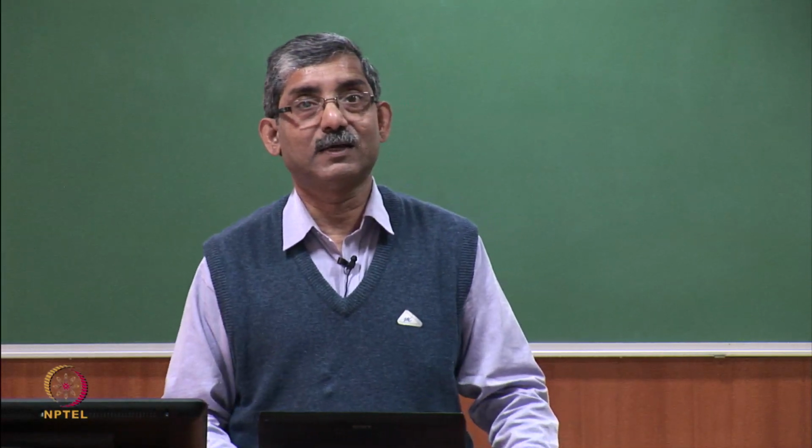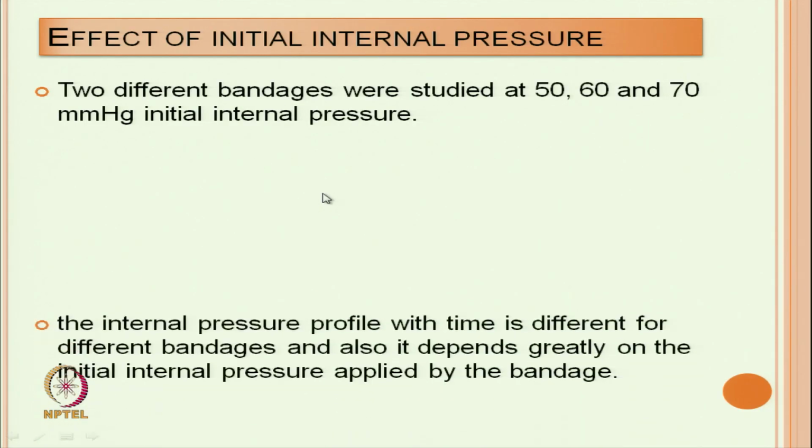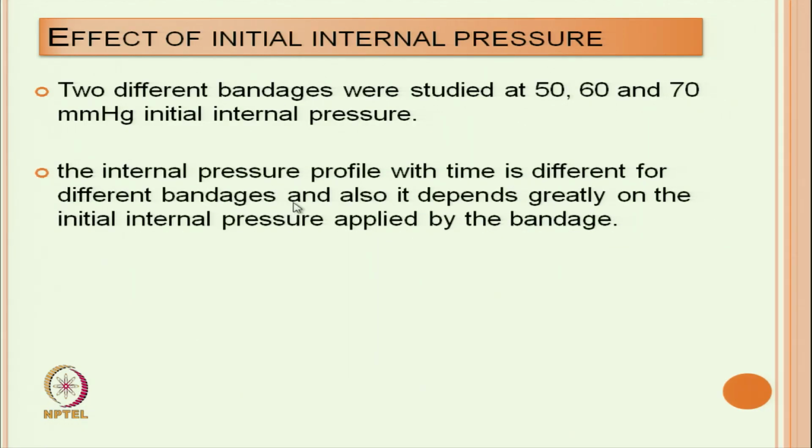The internal pressure profile with the time is different for different bandages and also depends on the initial pressure. Initial pressure, that means 50, 60 and 70 millimeter Hg, we can change by changing the wrapping tension.